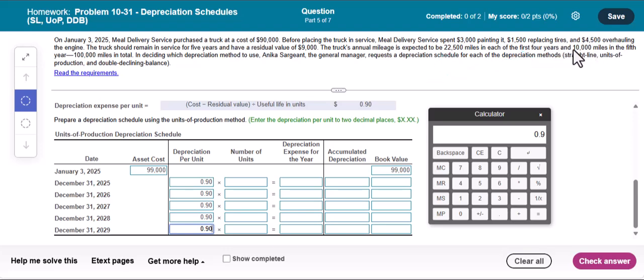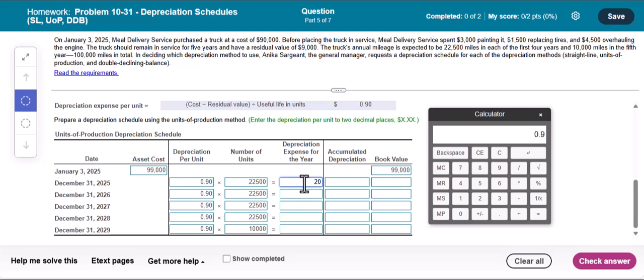So we go ahead and input 22,500 miles for the first 4 years. And then putting these right away kind of helps us avoid making the mistake of putting it in for the fifth year here. So we'll get 10,000 miles for that fifth given to us here. So now we can go ahead and calculate the depreciation expense for the year using these 90-cent units for this amount of miles here per year. So let's go ahead and calculate that.